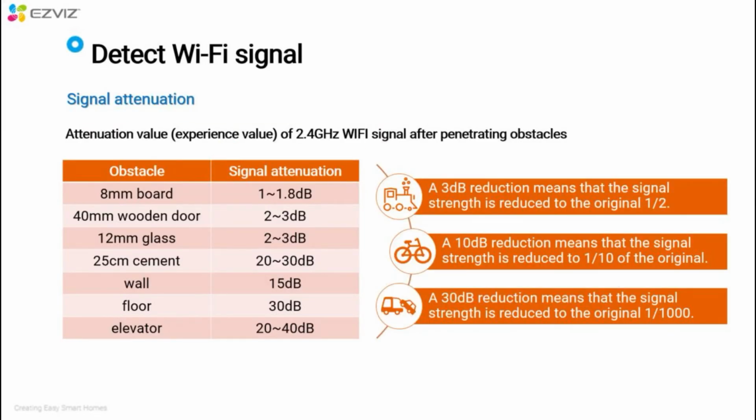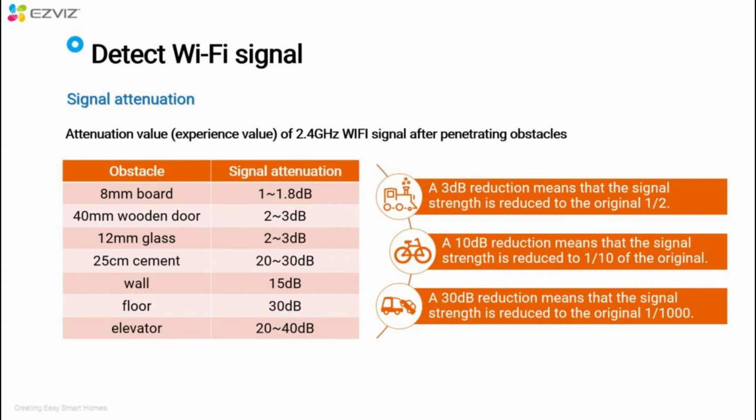Here is the attenuation of the Wi-Fi signal under different obstacles. So for a 3 dB reduction, it means that the signal strength is reduced to half of the original signal.